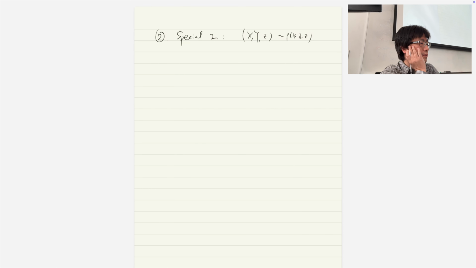And the second example is that we want to see when conditioning will reduce the mutual information. Special case 2. Can you imagine in what cases this can be true, that conditioning may reduce mutual information? It has to be some case where x and z are not independent, otherwise we fall into the other case.